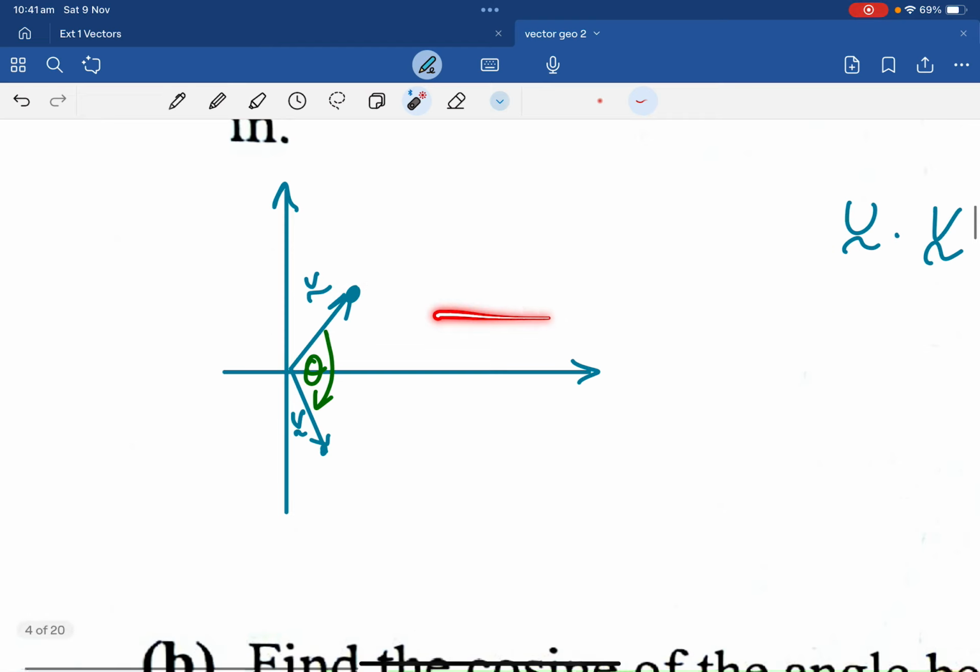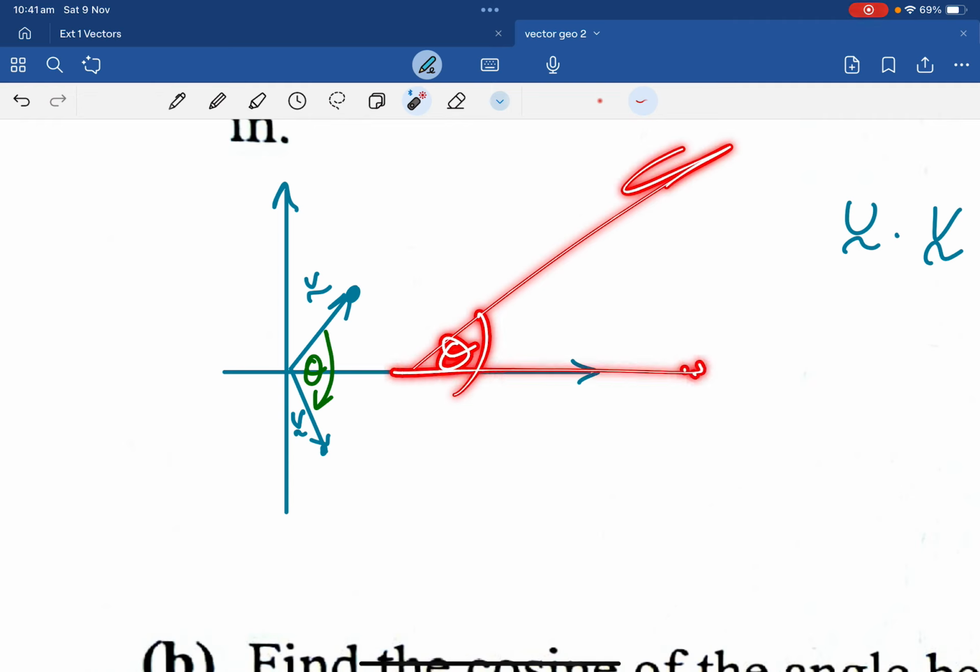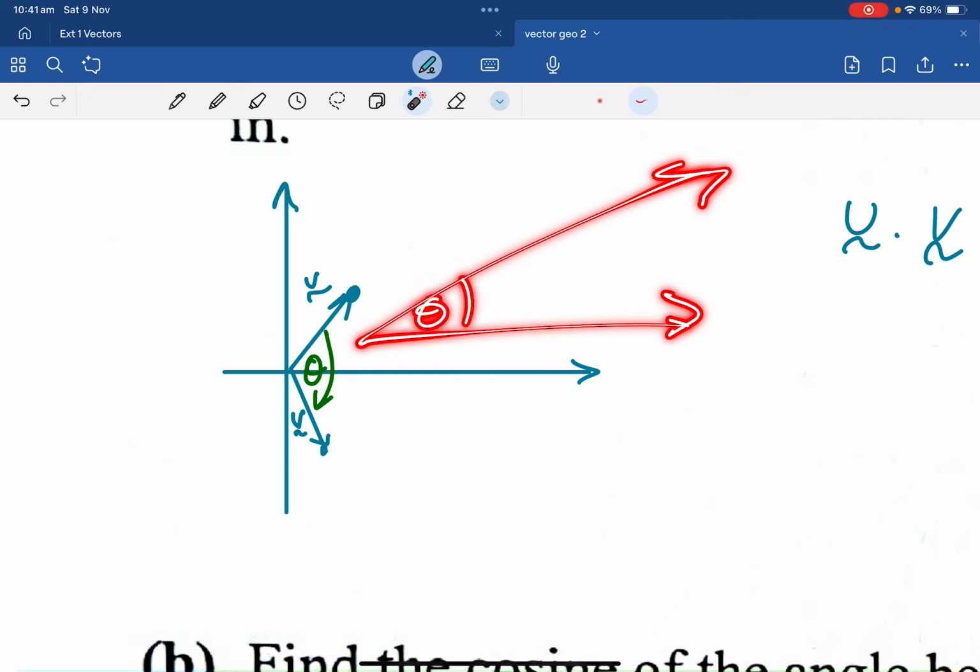But then when you see vectors acting at angles to the horizontal, then we need to take into consideration the cosine of this angle. Okay, when you have vectors like this and the theta in the middle, we need to take this theta into consideration. How do we do that? Think of this as a right angle triangle and we want this.